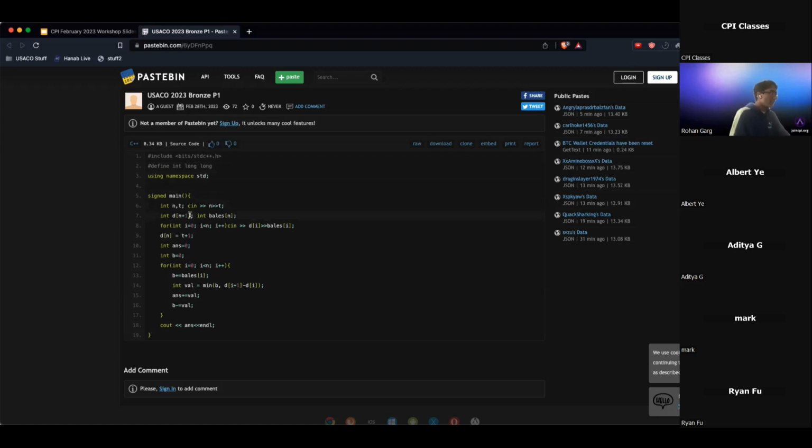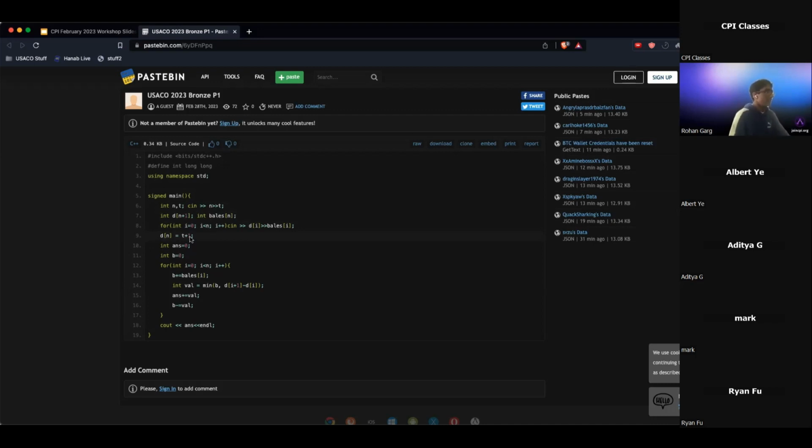And to implement this trick, instead of making the day array size n, we make it of size n plus 1. And with this, we can store dn as t plus 1. Then we don't have to worry about edge cases such as when we reach the end of the array, we won't have to worry about checking if there's another element after that in the array.